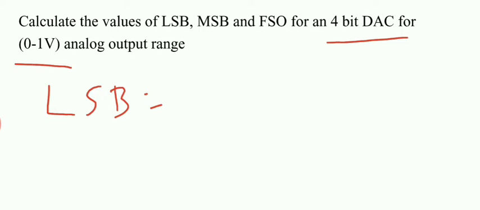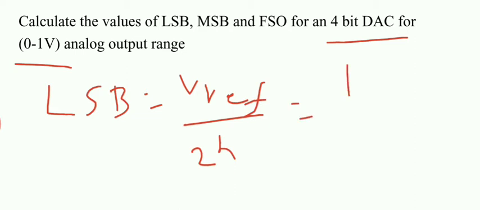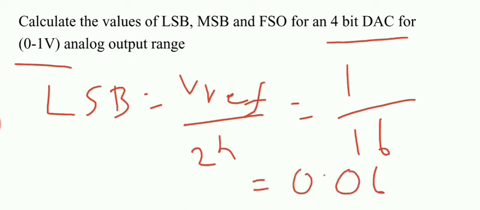So resolution is V reference divided by 2 power n. V reference is 1 volt. 2 power n is 2 power 4, it is 16. So it gives 0.0625 volt, right? This is our LSB value.